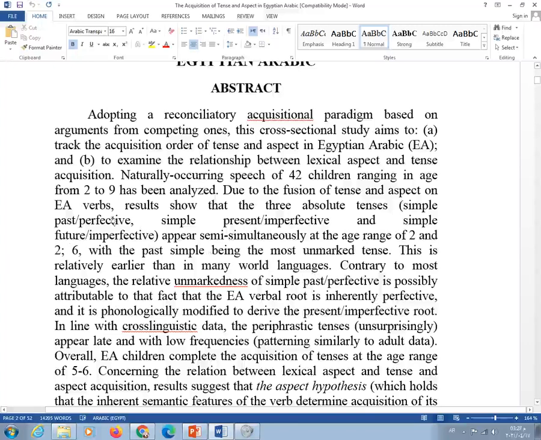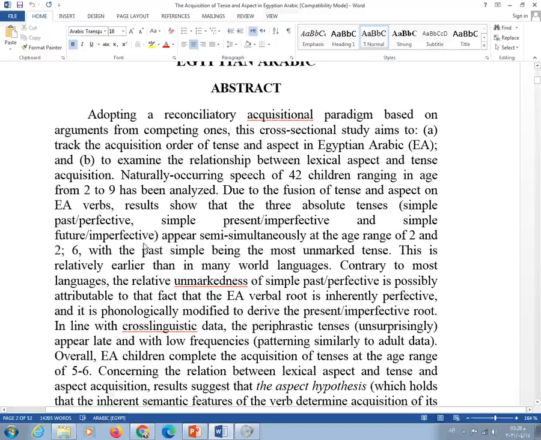When I talk about perfective, I'm talking about perfect aspect, which means perfect past and present perfect. Imperfective includes the present continuous type and simple present. Simple future is also imperfective because it's not yet completed.